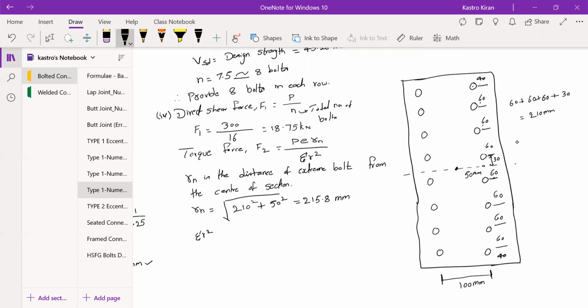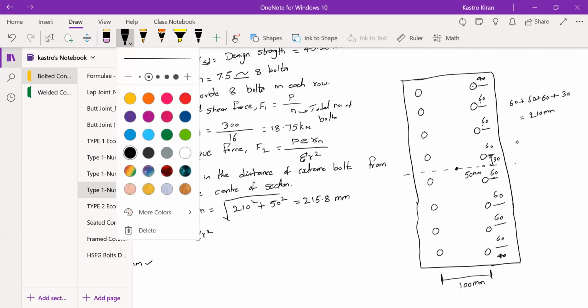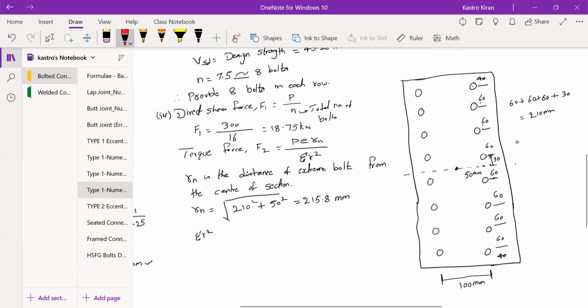Now, what is summation R square? R is the distance from center to the extreme bolts. Here we have 4 R values, that is 4 radial distances. R is technically radial distance. So this is one value of R, consider this as R1. Now you have another value from center to here, which is R2.